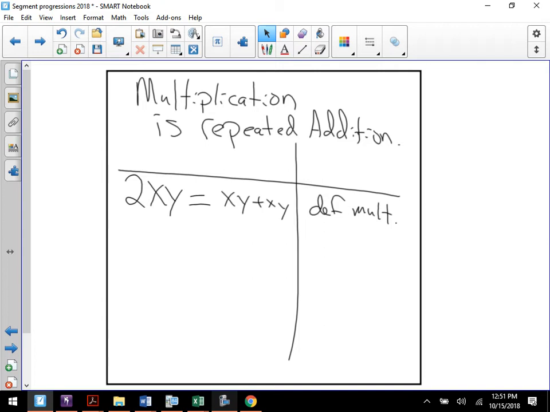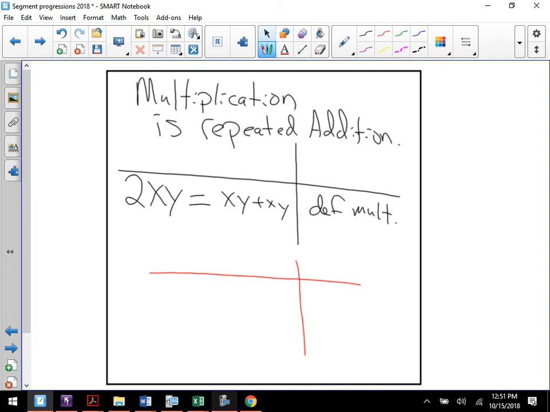And it works the exact same way going the other direction. If I did WZ plus WZ plus WZ, what would that have to equal? 3 times WZ, yeah.